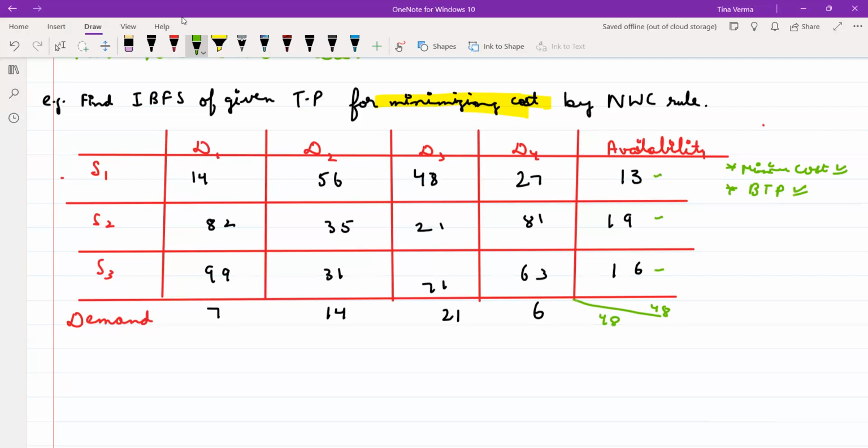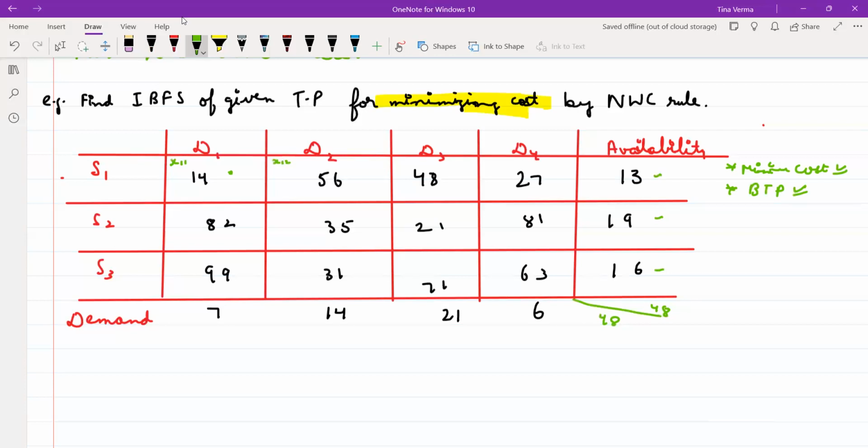Firstly, we are considering the northwest corner rule. Northwest means the corner which is at the northwest. So this is your northwest corner, and you have to assign the value here. These are the costs given at every cell.